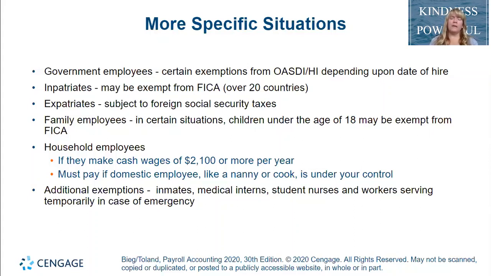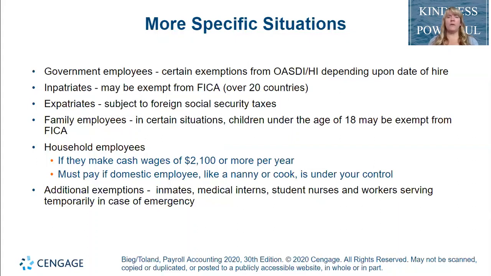Family employees under 18 can be exempt from FICA in certain situations. Now, an employee is only a family employee if it's a certain type of business. Like in a corporation, it's not a family business because although the owner of the business might be dad, he's not the owner of the business. He is the president of the business, and the corporation is a legal separate entity from dad.